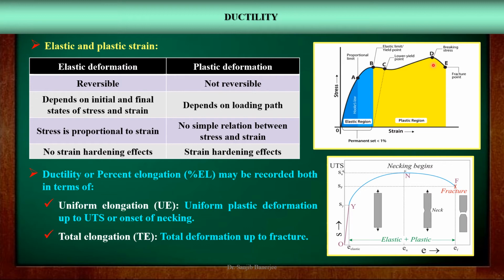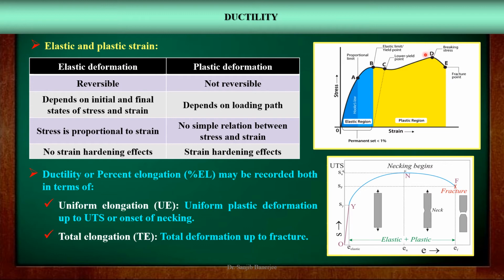Now this point D is further the start of necking or the localized reduction in cross-sectional area, due to which the stress-strain curve comes down and ends at point E, where the fracture occurs.